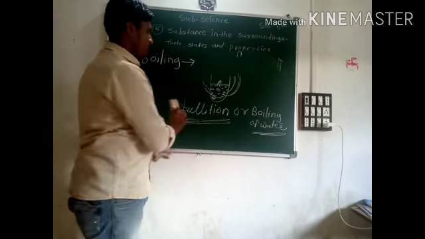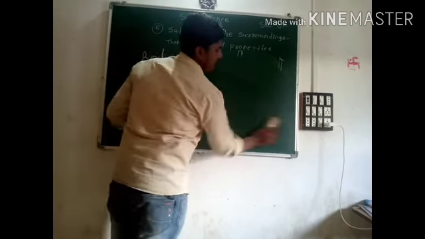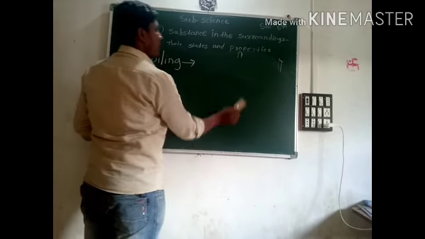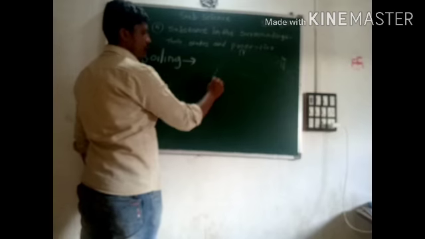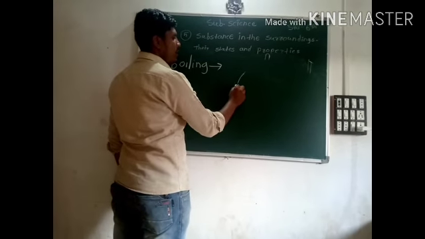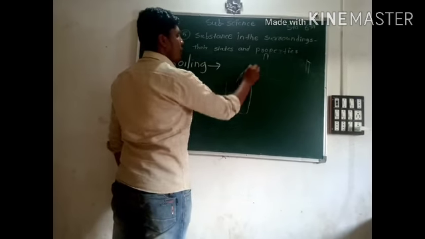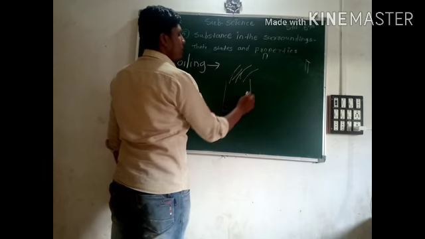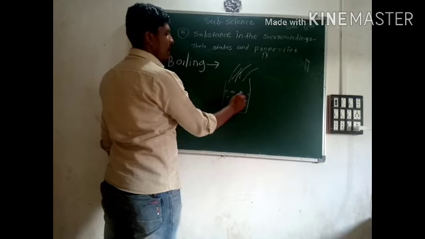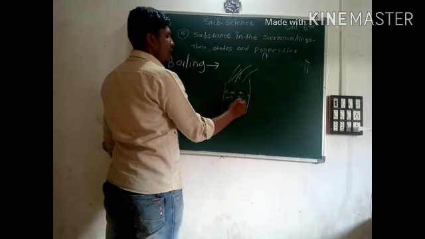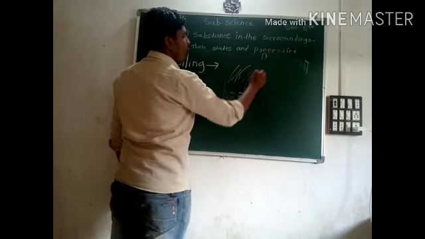The next point, condensation. So what is condensation? Water vapor is released from the water. Why is water vapor released? Because we apply temperature to this water. Continuously applying temperature to this water, all parts of the water release water vapors.